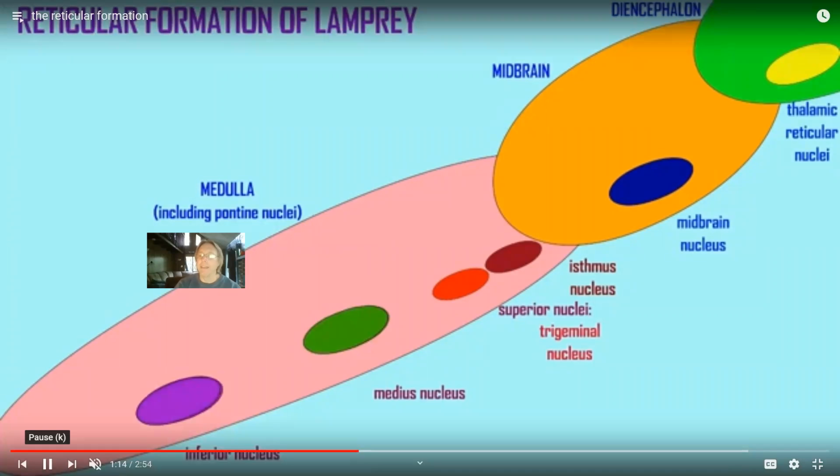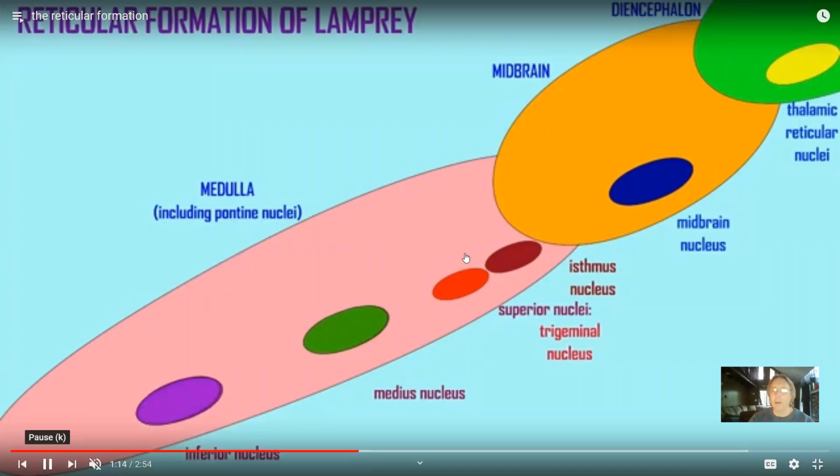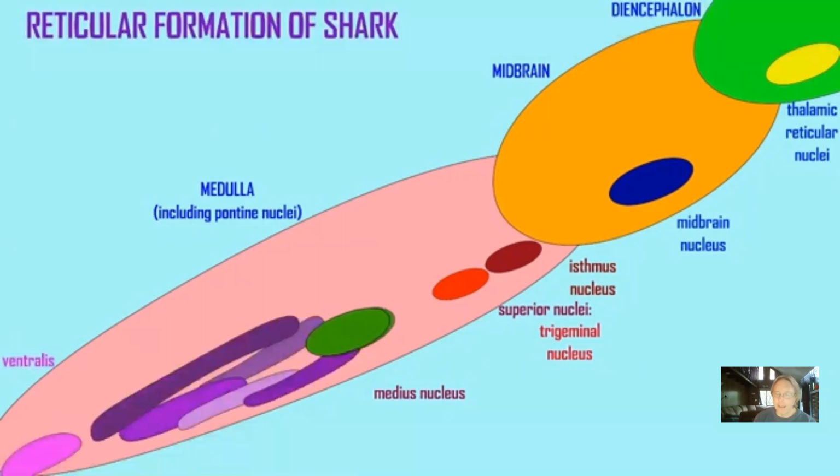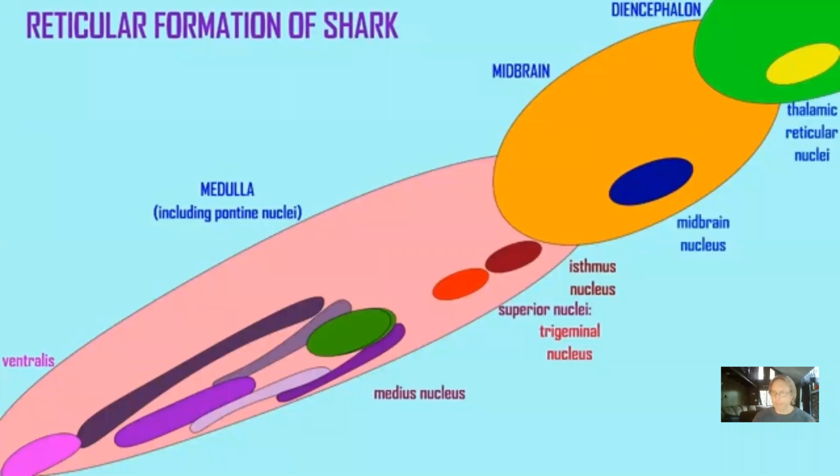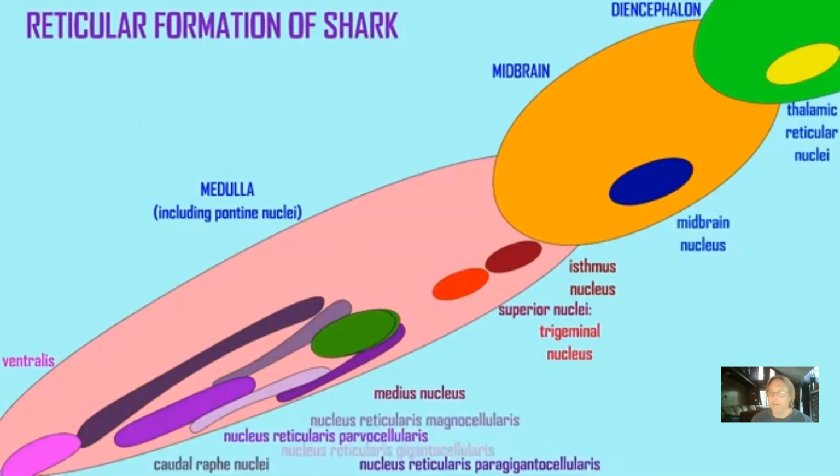And so the reticular formation, we'll start off with a primitive fish, but if you consider the medulla, the midbrain, and even the thalamus to some degree, and the pons, which appears in mammals, notice that there are nuclei spread throughout these structures, which are important in many involuntary functions.